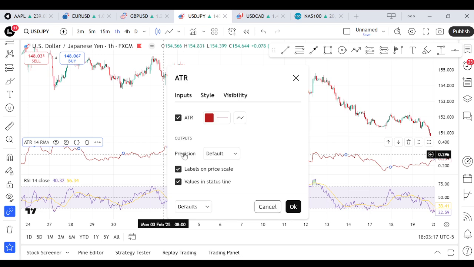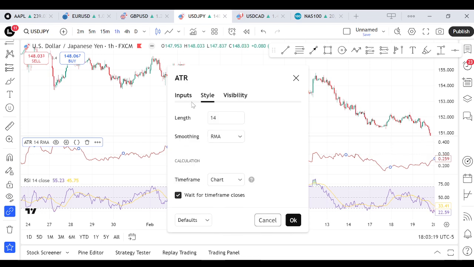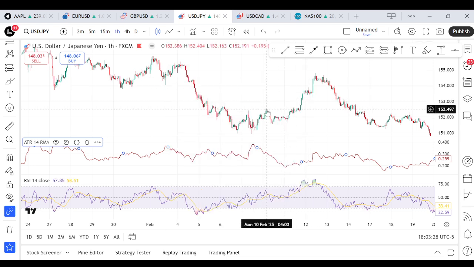This is the ATR, this red line, and it should be in the default setting, which is the 14 period setting, and it doesn't indicate the direction of the trend, but helps you understand whether the market is experiencing high or low volatility. A high ATR value suggests that price movements are larger and more rapid, while low values indicate quieter market conditions.